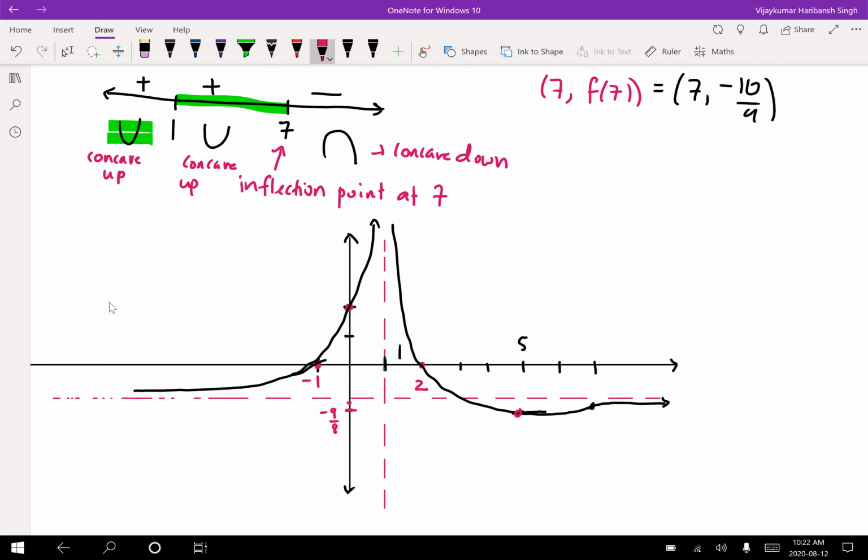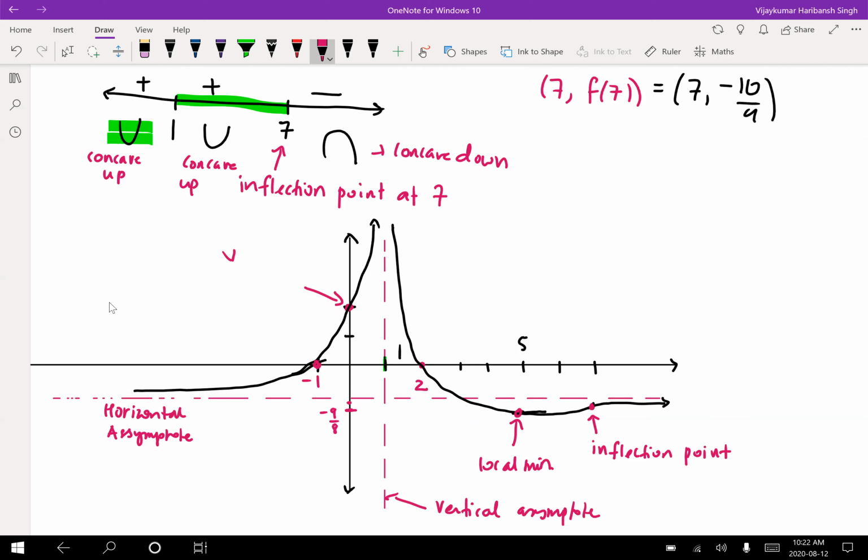So we should mark these points. These points are the inflection point, the local min, the horizontal asymptote, this is the vertical asymptote, this is the y-intercept, and these are the x-intercepts.